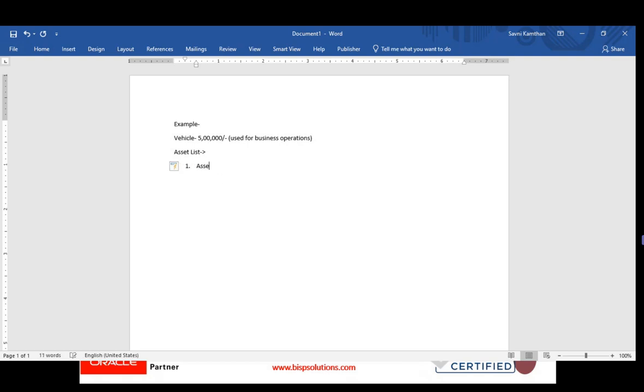First is our asset name, which is a delivery vehicle. Then acquisition cost, the acquisition being the purchase cost.